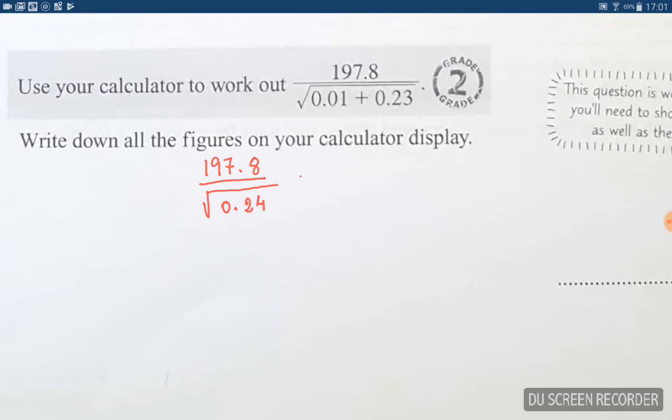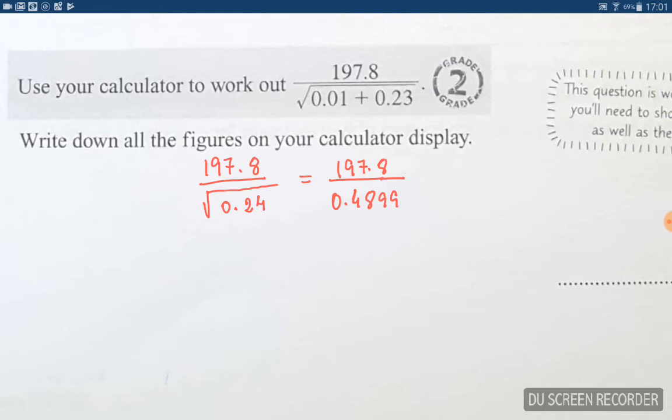If you go to your calculator, let me go to my calculator. The square root of 0.24 will be 0.4899 rounded. So what I have is 197.8 divided by 0.4899.